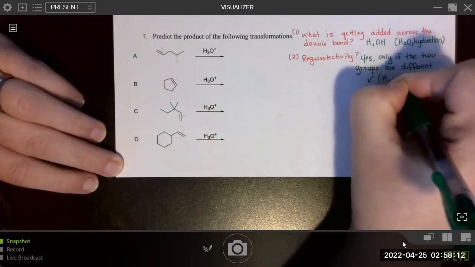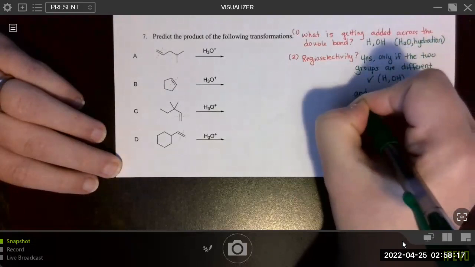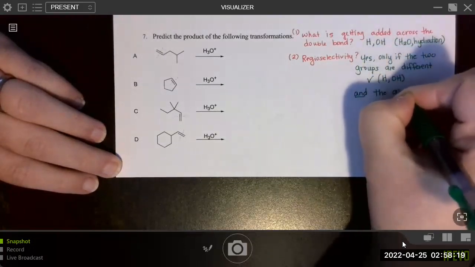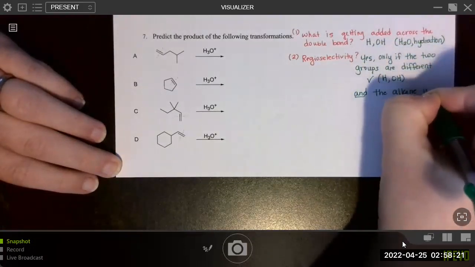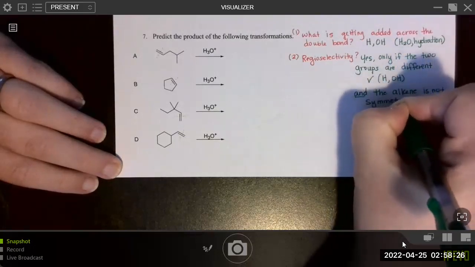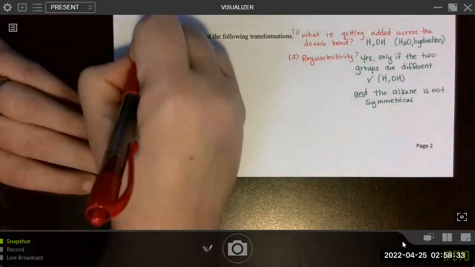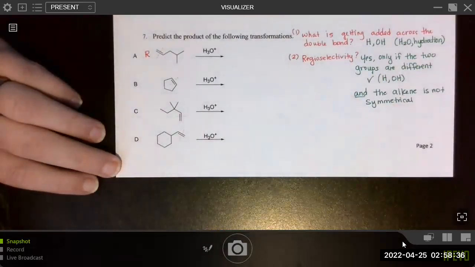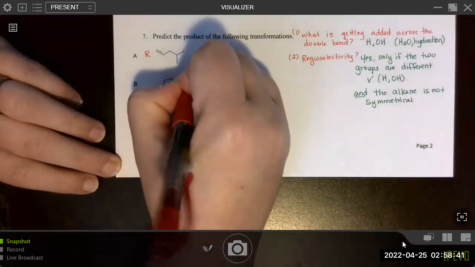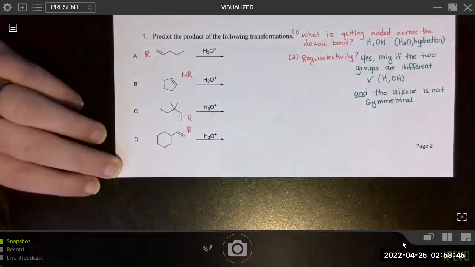So H and OH are different groups, and the alkene is not symmetrical. So in some cases, yes, we would need to consider regioselectivity because it's not symmetrical. And I'll write no regioselectivity, yes and yes to regioselectivity.